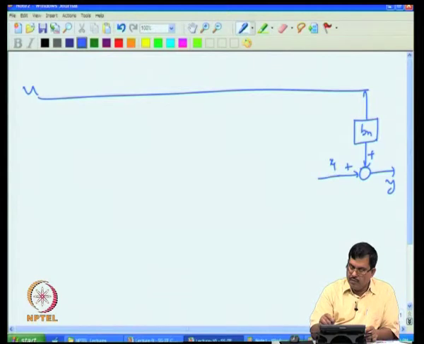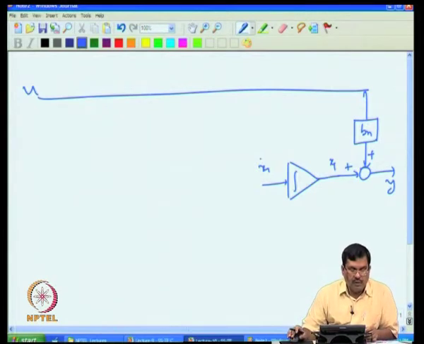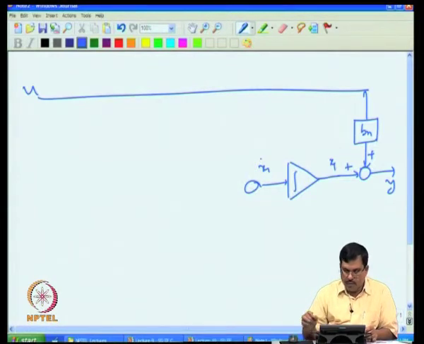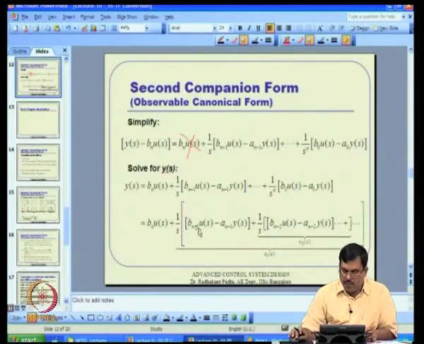Obviously, if this is x 1, then if I pass it through an integrator, this has to be x 1 dot. But remember, this x 1 dot is what I get if I go back to that expression. If you see, the rest of the term is x 1 dot, remember there is the integral, the 1 by s transfer integration.